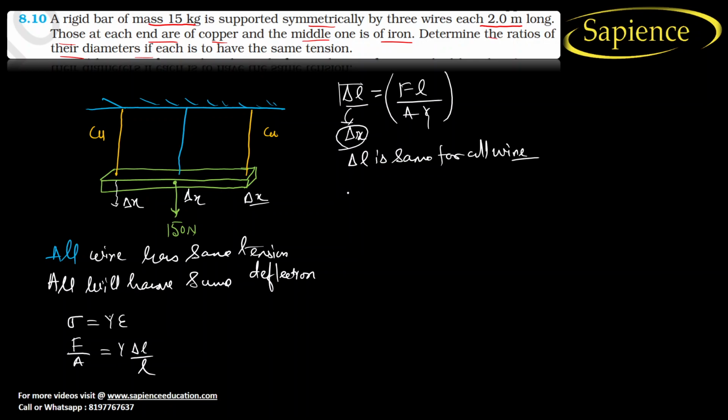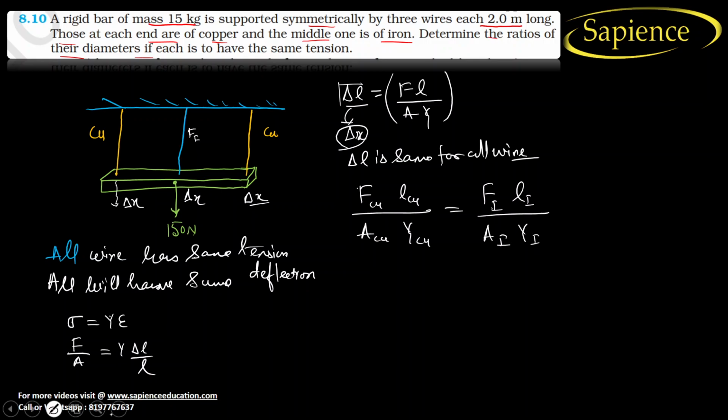So if delta L is the same for all wires, we can write force F for copper into length of the copper divided by area of the copper into Young modulus of elasticity for copper, is equal to force F on iron into length of the iron divided by area of the iron into Young modulus of elasticity of the iron.